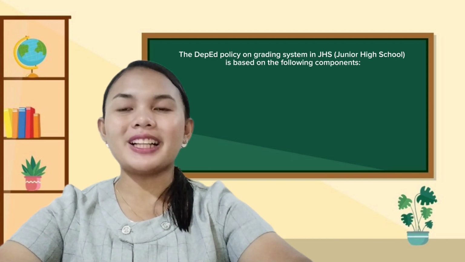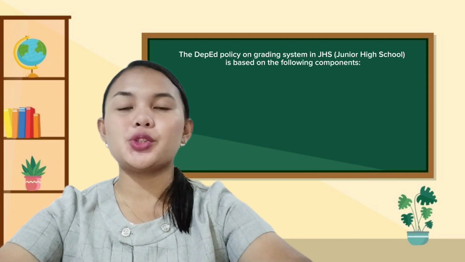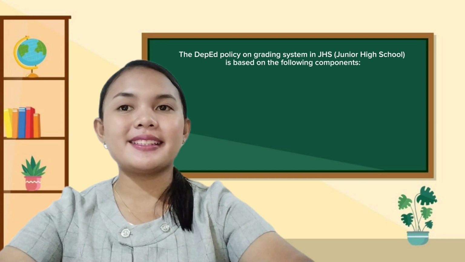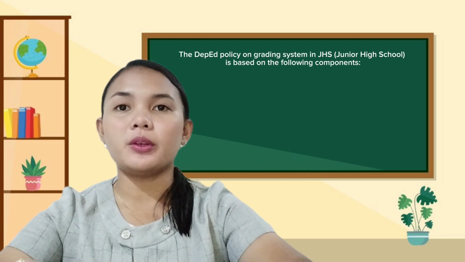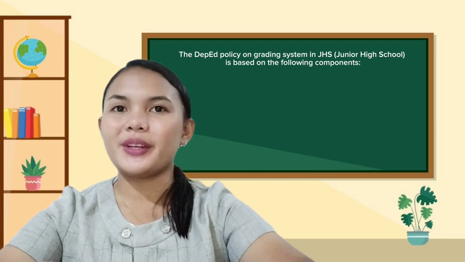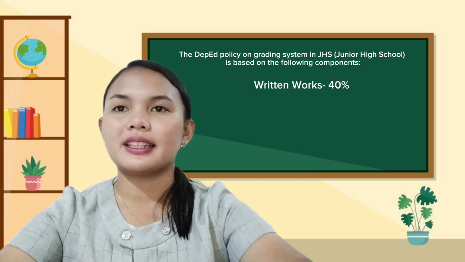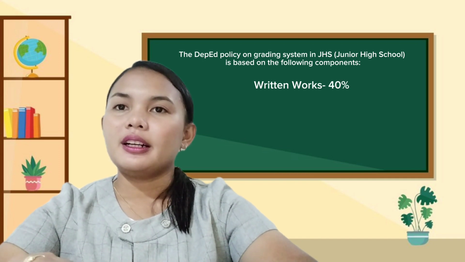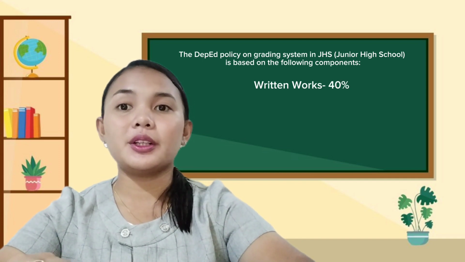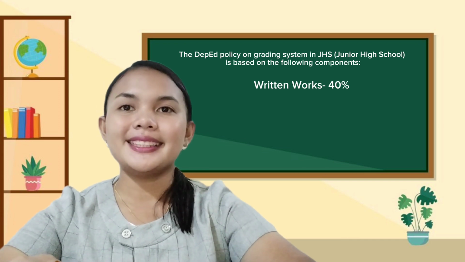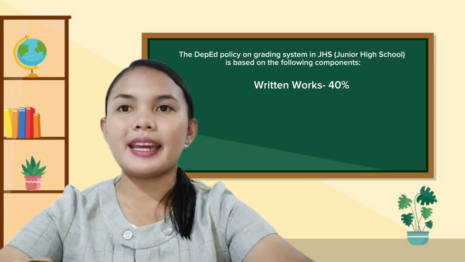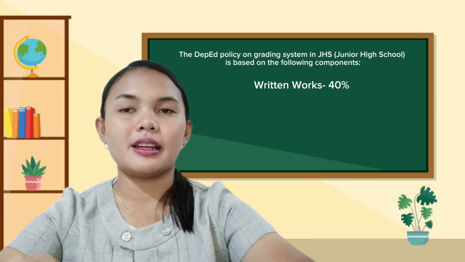The DepEd policy on the grading system in junior high school is based on the following components. The first one is the written works. These components include quizzes, seat works, homeworks, and other written assignments.